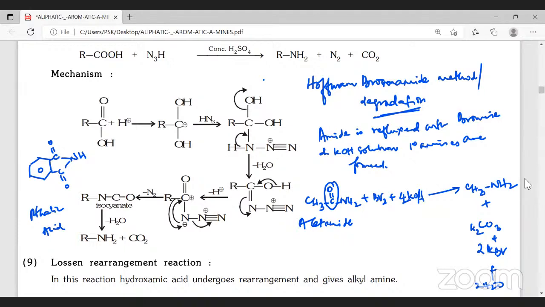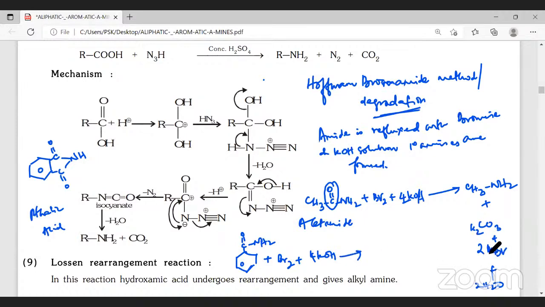Now this is an aliphatic amide. The same reaction we can perform with aromatic amides also. So if you take a benzamide, C6H5, C double bond O, NH2, what happens if you heat it with bromine and potassium hydroxide?